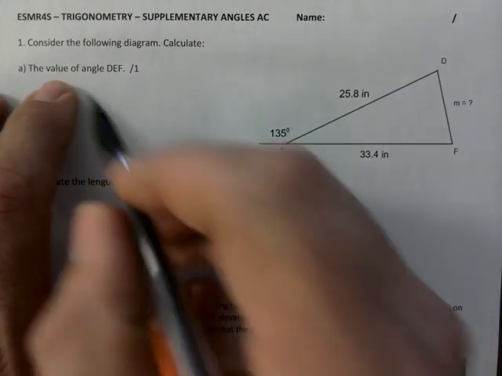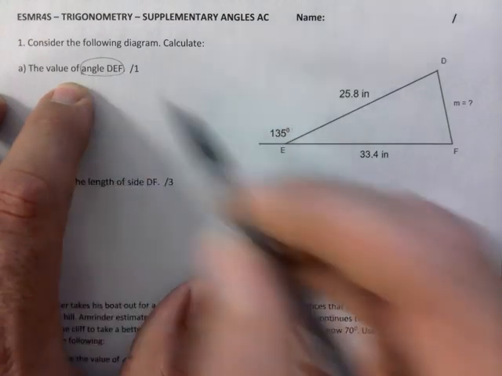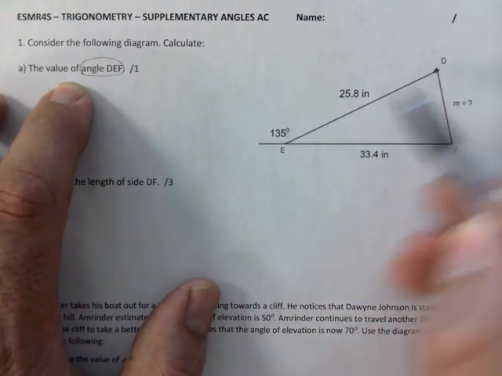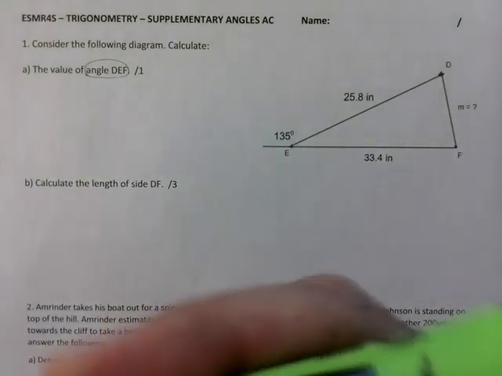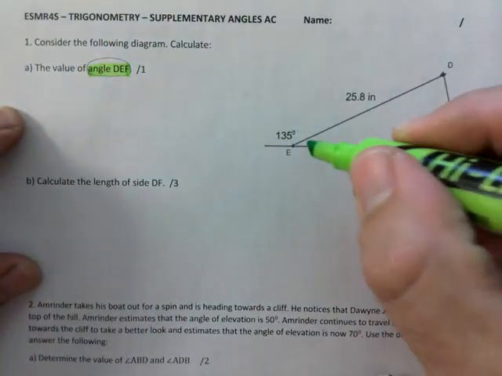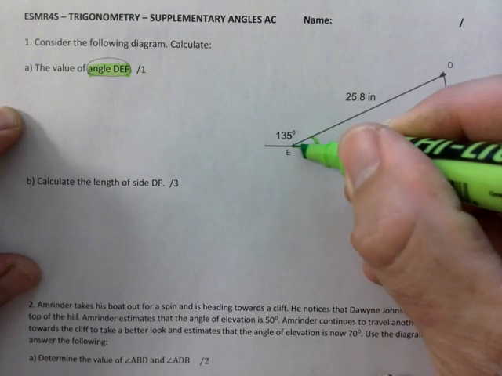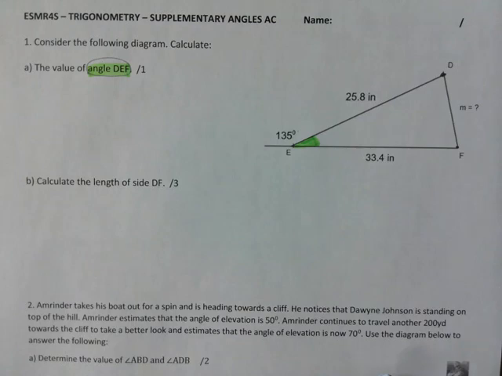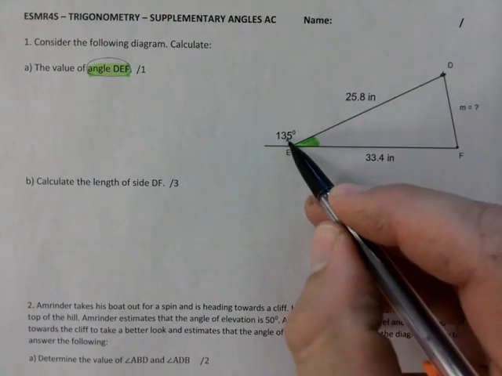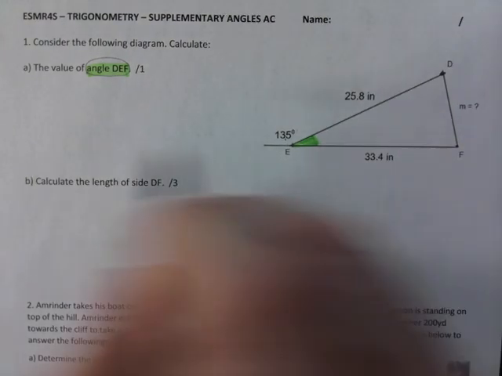So the value of angle DEF, okay? So if you read it, DEF, they're asking, right, or I am asking for this angle right here. Okay, that's the angle in question there. So all you have to do is 180 minus 135.